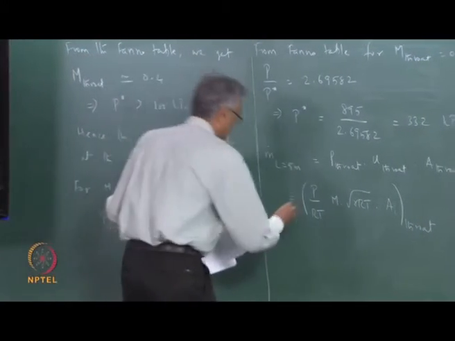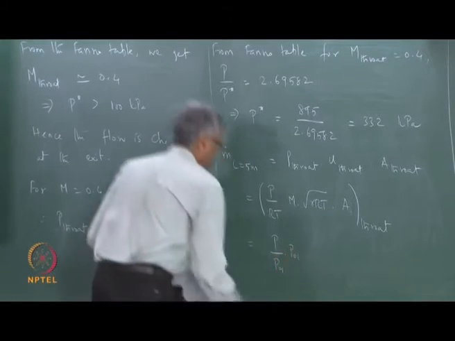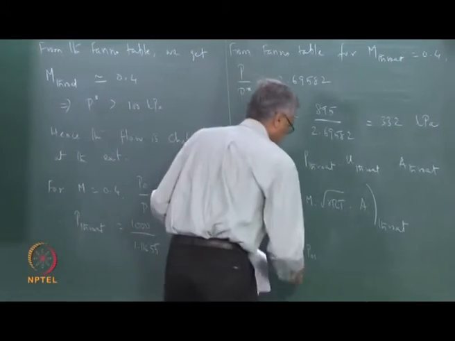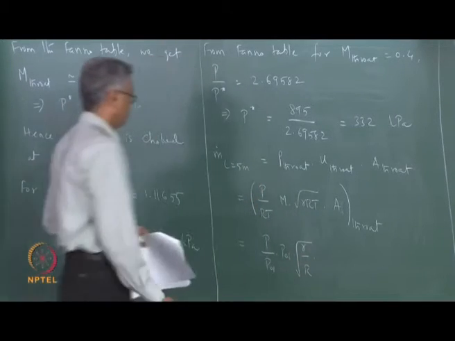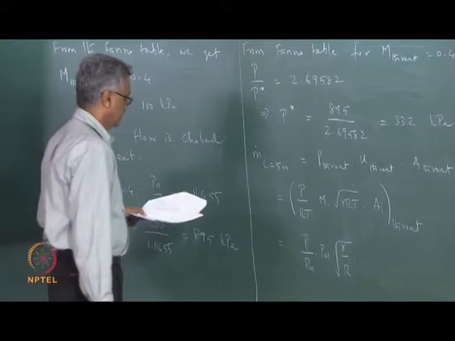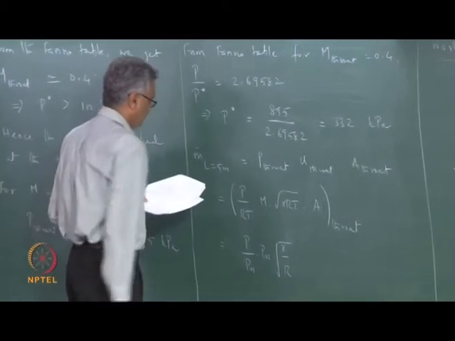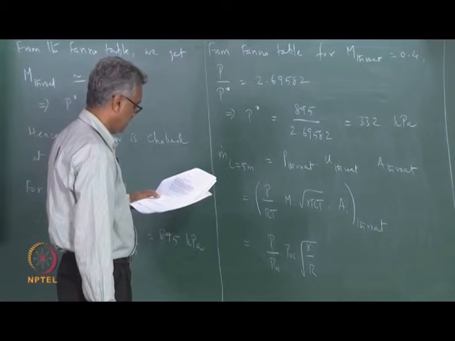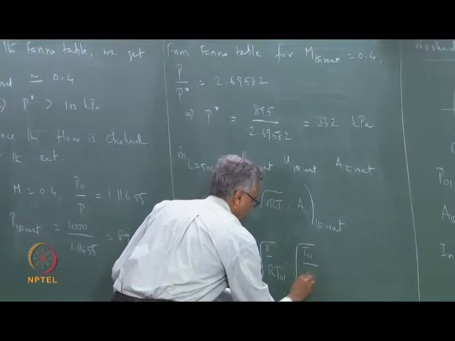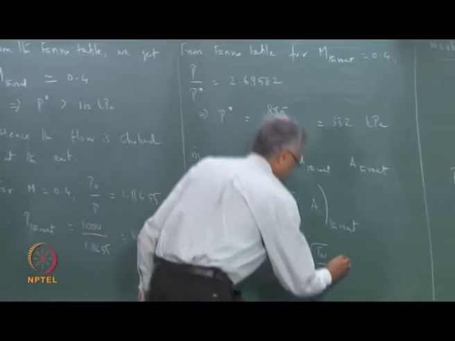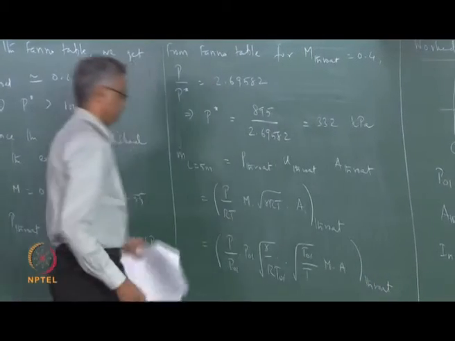And if I rearrange this in terms of the stagnation quantities, I can write this as P over P01 times P01 times the square root of gamma over R, and there is a square root of T in the denominator, all evaluated at the throat section.